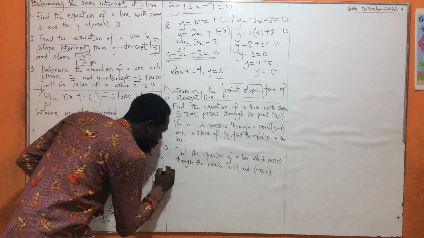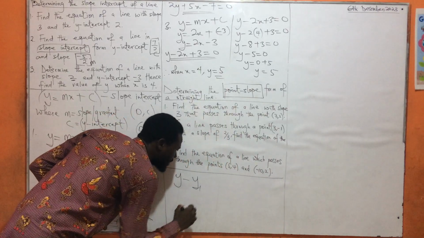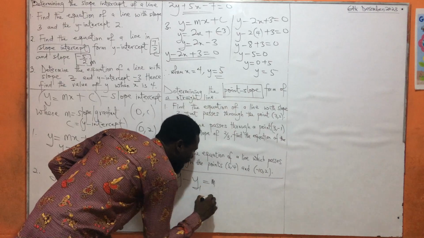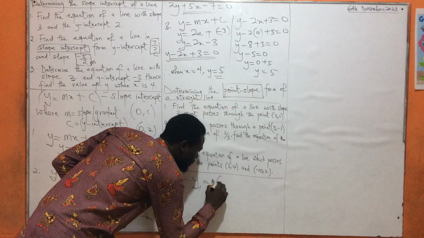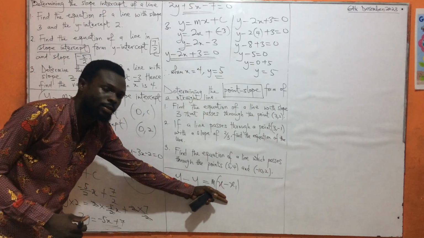Now the point slope of a straight line is given as y minus y1 is equal to m bracket of x minus x1. Now, how was this formula derived?